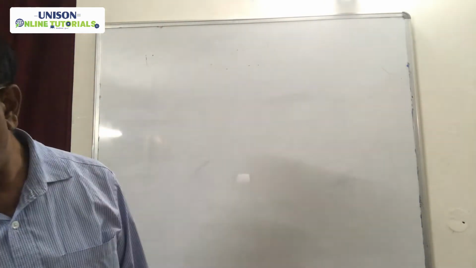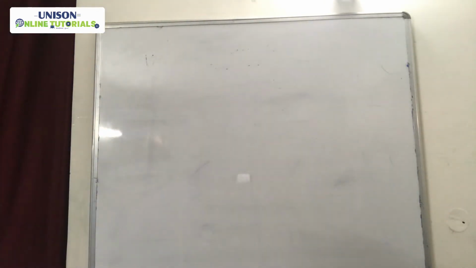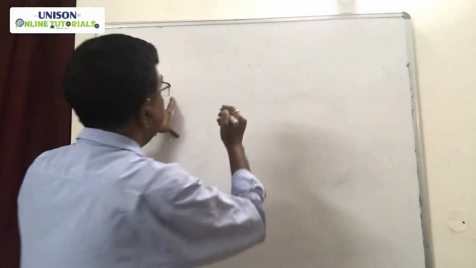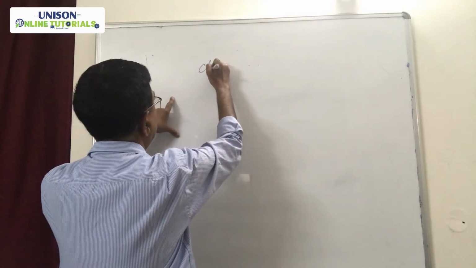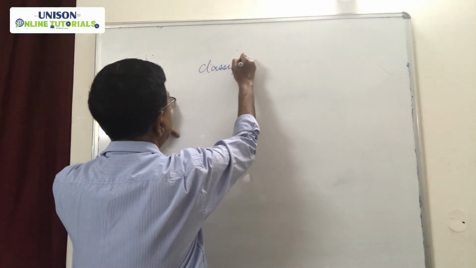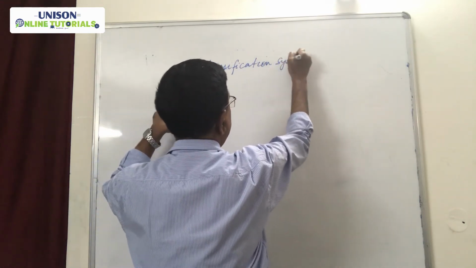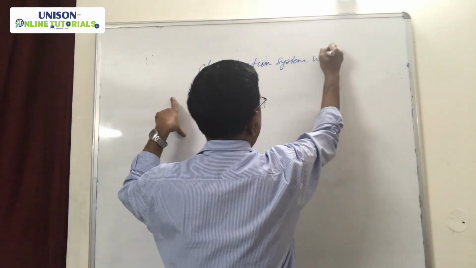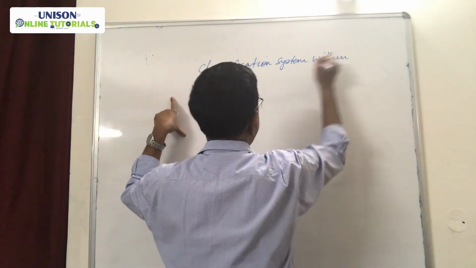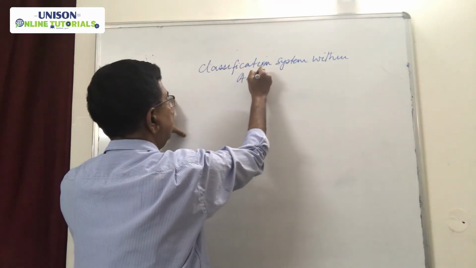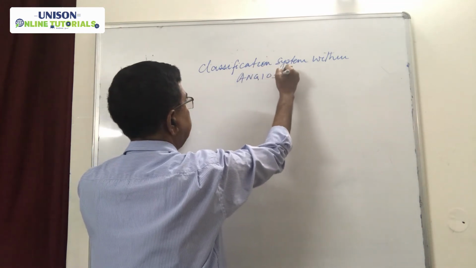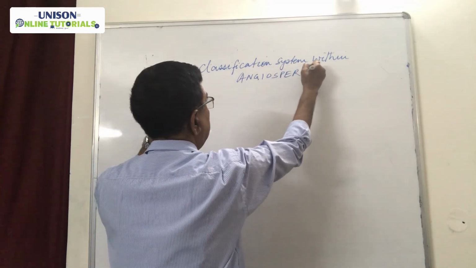That classification system is within angiosperms only. Angiosperms, you know, is a division of the plant kingdom.